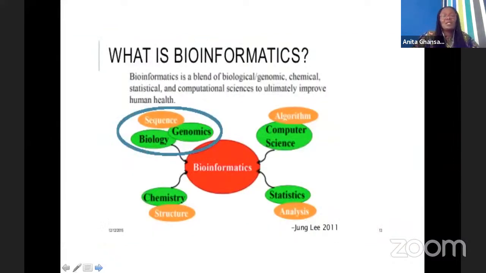The biologist is interested in the sequences, whether genomics, proteomics, or transcriptomics data. The computer scientist is in charge of the algorithms. The statistician does the statistical analysis, and the chemist is involved with the protein structures and how all these come together for a good bioinformatics pipeline.